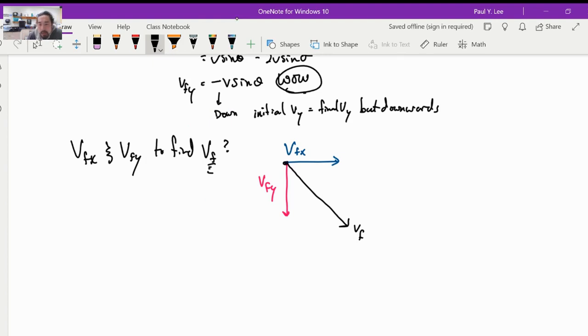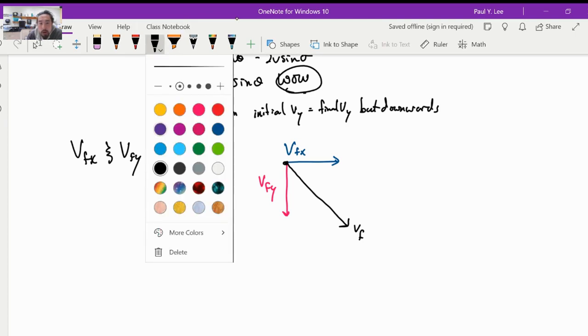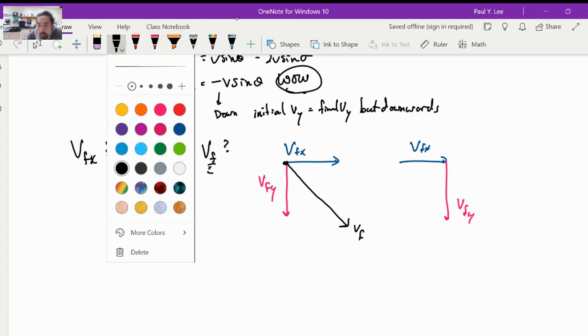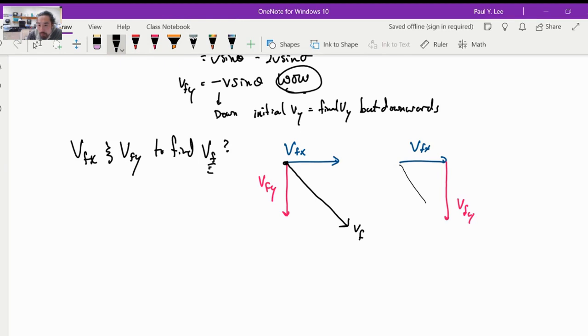Now, for those of you with the keen eye, you can see here that if we rearrange all of the vectors, what we actually get is a triangle. And let me show you where we can see the triangle. So here we have vfx, and we have our vfy right here. And so if we connect the very start of vfx and the ending of vfy, we get a right triangle, like so. Where right here, this is our angle, and this is the direction or the theta that we're looking for.